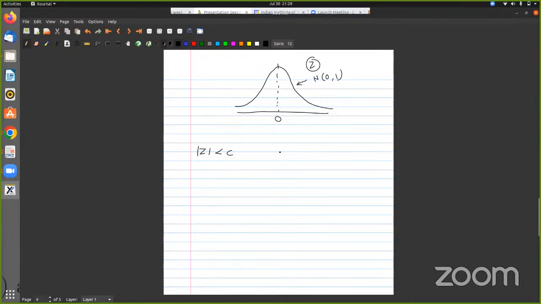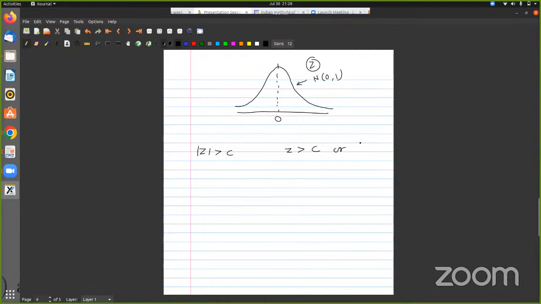So what does this mean? Z greater than plus or minus c.